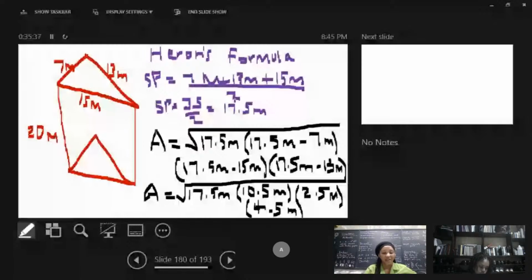And to find the area, you're going to find the square root of the semi-perimeter times the semi-perimeter minus each of the sides. So you subtract each of the sides from the semi-perimeter, and when you get those answers, you're going to multiply all 4 of them, and finally you find the square root of that.